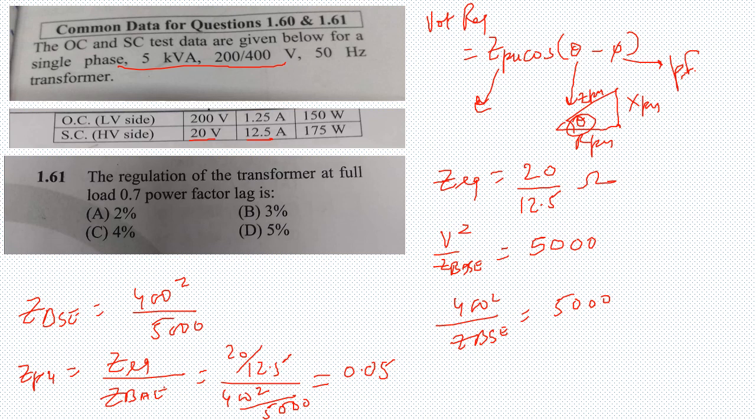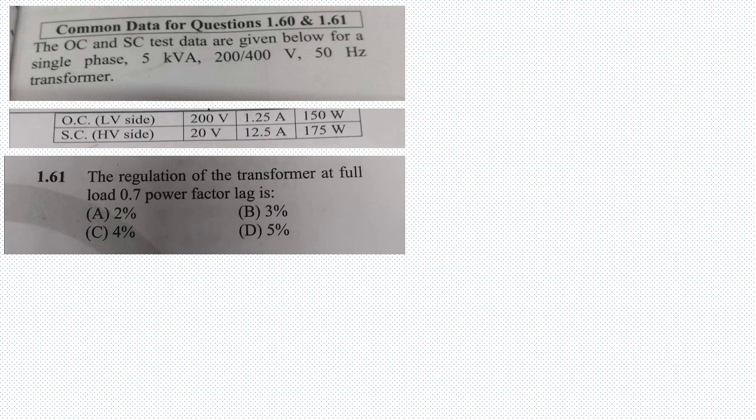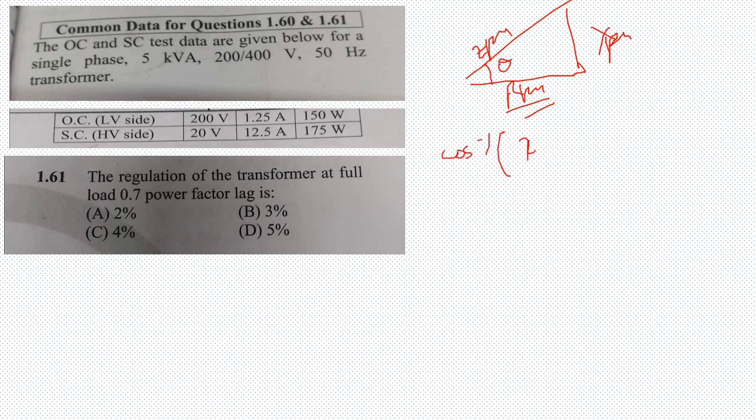So now we have got Z per unit. Now we need to find theta. Remember theta is this angle, this is Z per unit, this is R per unit, and this is X per unit. If we calculate R per unit, then we can use cos inverse of R per unit over Z per unit is equal to theta.